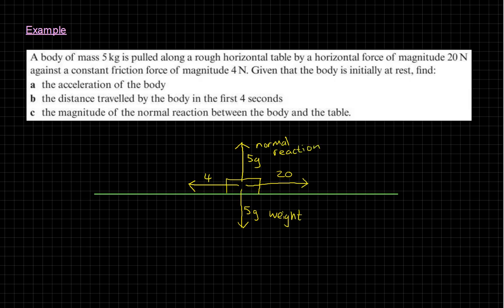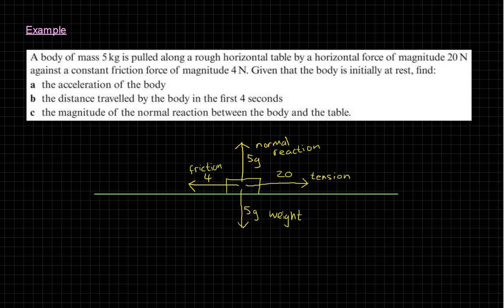The force of 20 newtons is being generated by pulling. Because you're pulling it, I would probably call that a tension. It's probably being pulled by a string or something, so there's some tension pulling along that object. And then you've got this other force, friction, taking it to the left. Right, so now that's our complete force diagram.